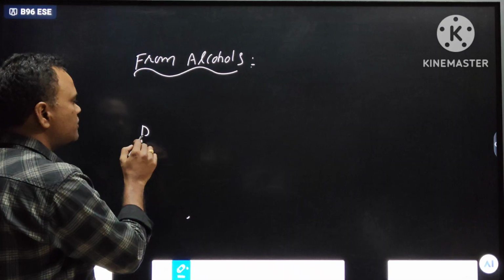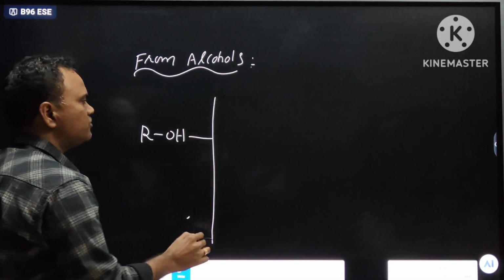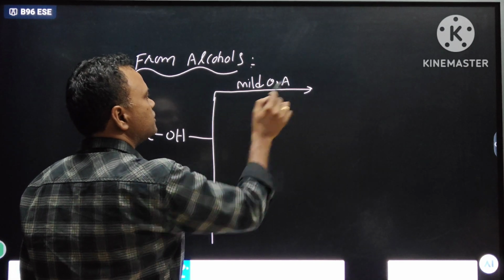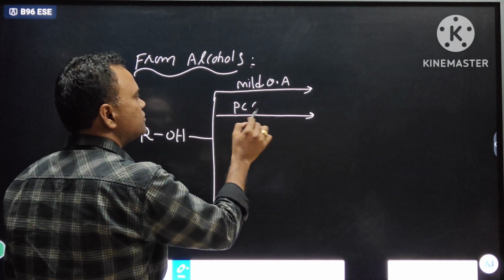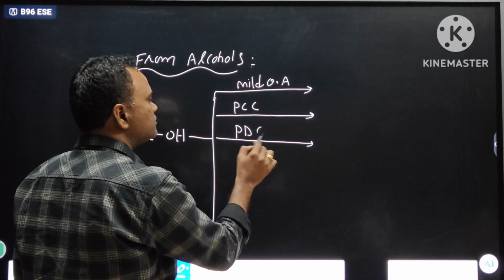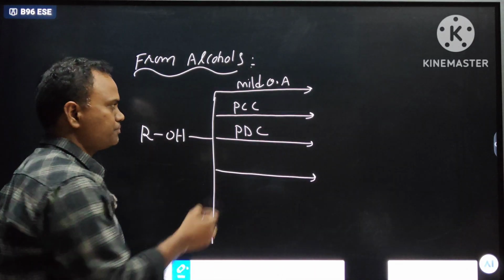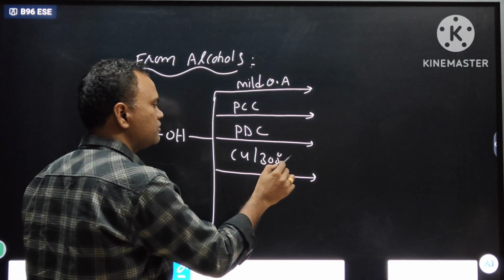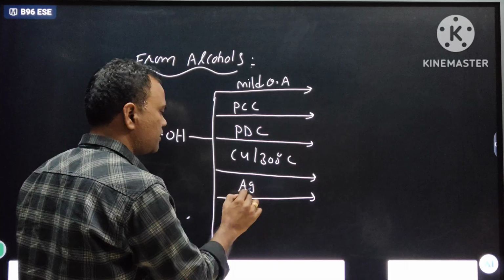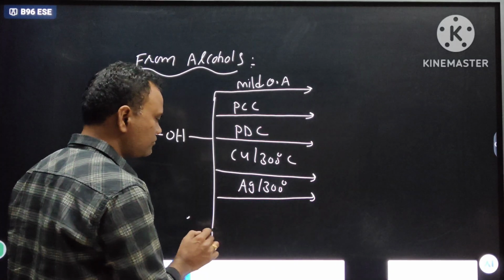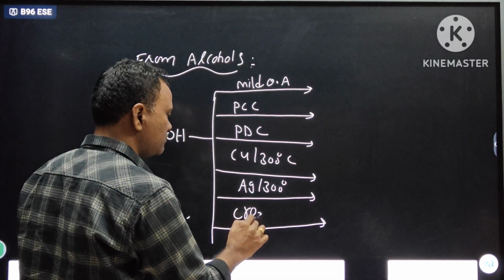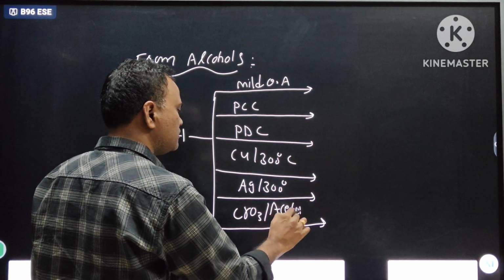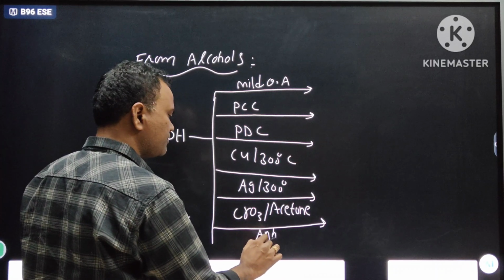Look at this. Which reagents do we use? Mild oxidizing agents. See, PCC, PDC, pyridinium chlorochromate, pyridinium dichromate, copper at 300 degrees centigrade, silver at 300 degrees centigrade, CrO3 in acetone in anhydrous conditions.